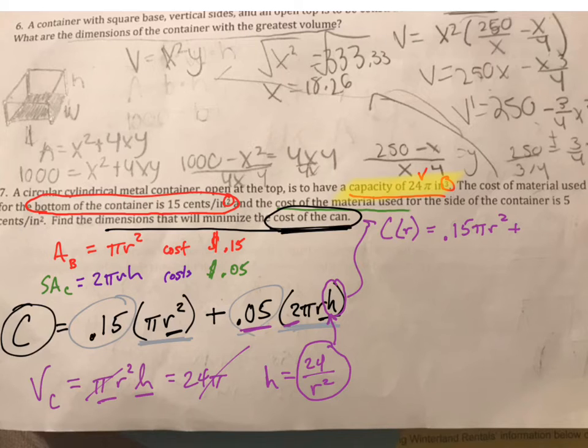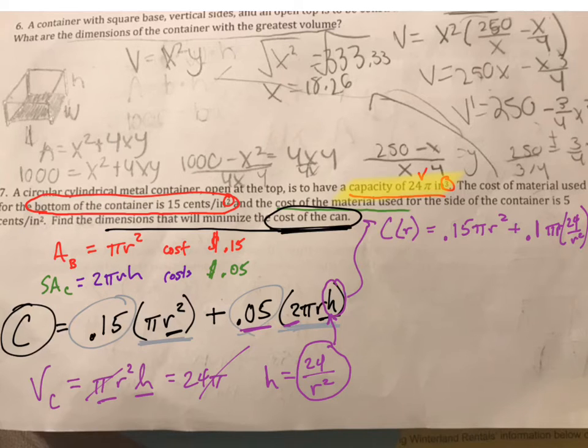What's 0.05 times 2? It's 0.1. 0.1 pi, and then it's going to be times 24 over r squared. Sorry, there's an r here also.